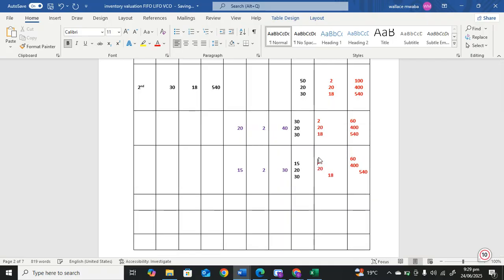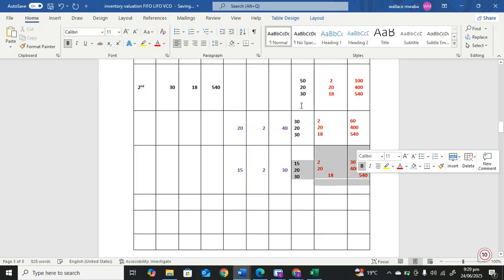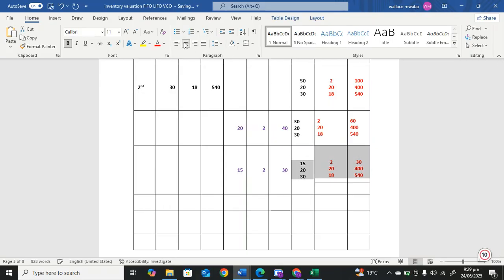So 15 times 2 will give you 30. Until we deplete this first batch, that's when we move to the next one.